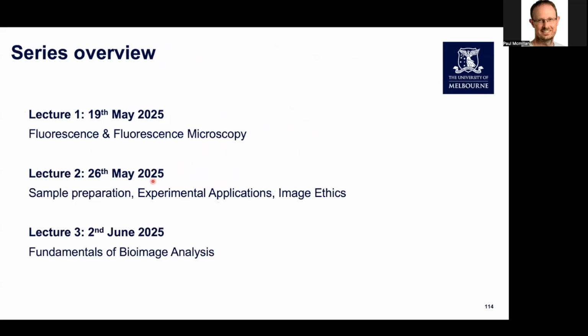I would remind you that next week's lecture is going to cover some general guidelines on sample preparation. We're going to go quite in depth into some of the experimental applications that we can do on advanced optical microscopes, and touch a little bit on image ethics in terms of modifications that we can make to digital data.